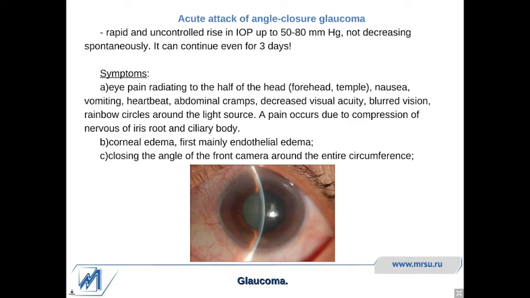Pain occurs due to compression of nerves of the iris root and ciliary body. Corneal edema, first mainly endothelial edema. And closing of the angle of the anterior chamber about the entire circumference.